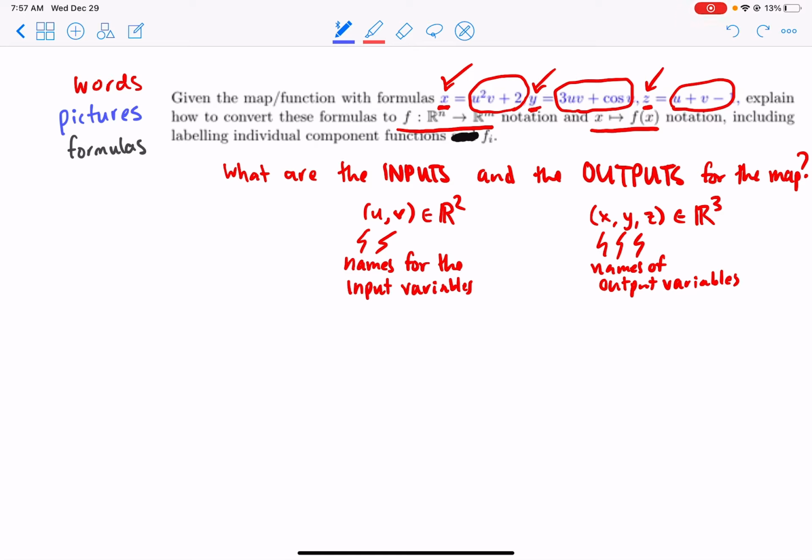So my input space will have two axes. One of them is the u-axis, the other is the v-axis. And then the output space will have 1, 2, 3 axes, and we label them in that order just so our pictures are always the same. The first, second, third, whatever order we listed them here, they should go here, here, here, just because it'll make our pictures easier.